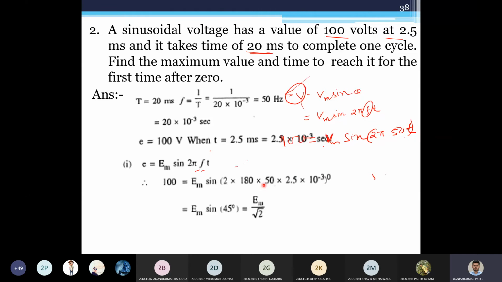Okay. And if you calculate, this should be in degrees, correct? We were matching this in degrees. So why have we taken the pi value as 180?